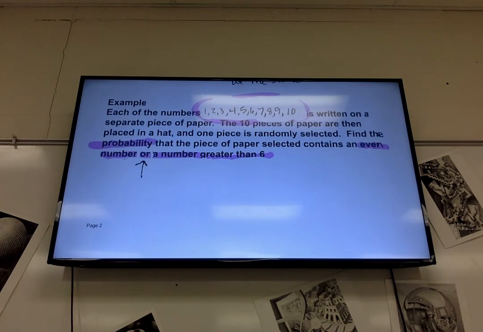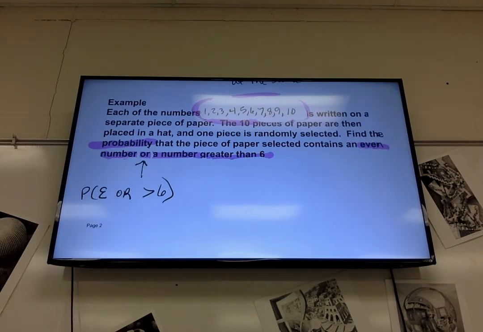So basically what we have here is the probability that it's an even number or a number greater than 6. That's how I'm going to write it. That's like your probability of A or B. So we're going to use that formula that we just wrote down.